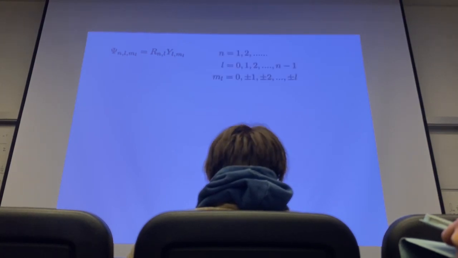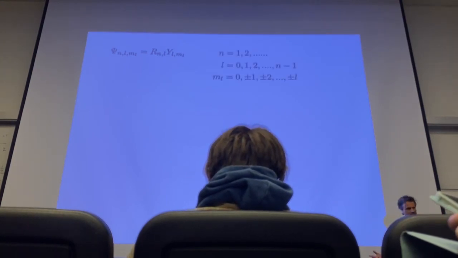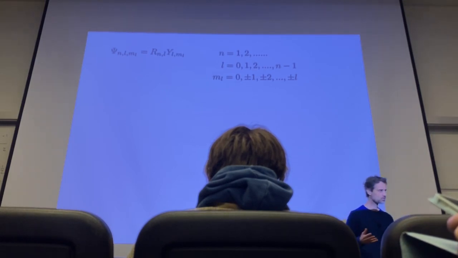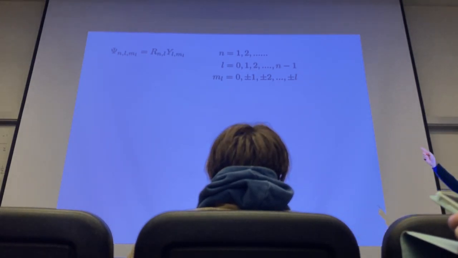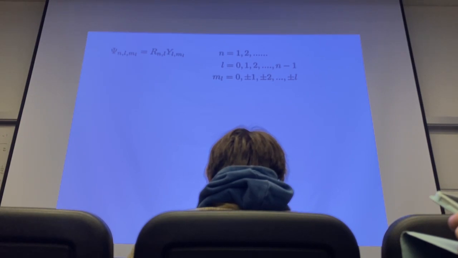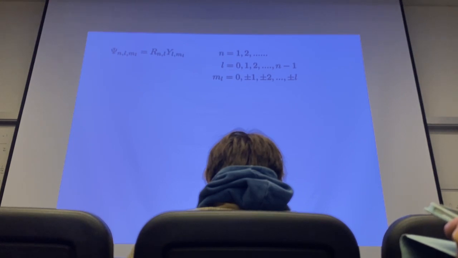So what again is this relation between these quantum numbers? We know what it is. Same as before, but let's walk through it one more time. N is 1, 2, 3, 4, the principal quantum number. L is slaved to whatever n is. It runs from 0 to n minus 1 in integer steps. Why is this so? Because it looks cool? No. This is what the math tells us. It has to be this way.